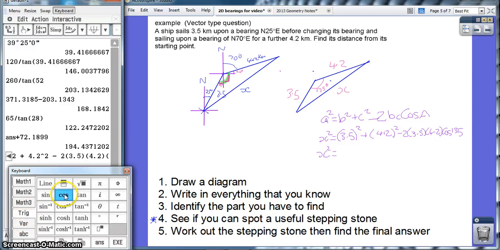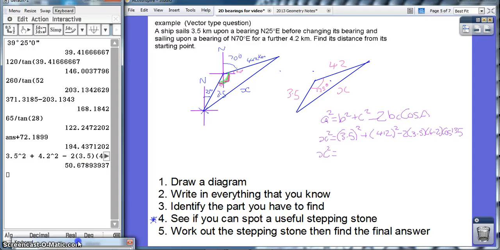Click on trig, cos 135. And there we go, we get a value of 50 point 6, 7, 8, 9. Now you generally use 4 decimal places while you're working out, so we wouldn't need to round up.